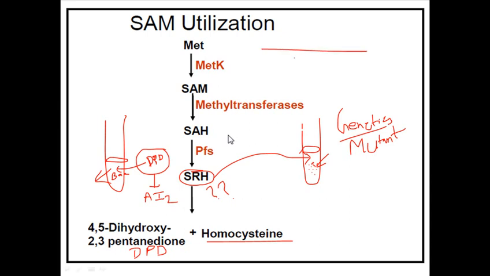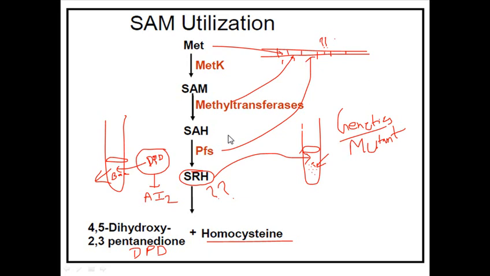Let me draw the gene sequence. Here we have the MED gene, here we have the transferase gene, here we have the PFS gene, and we also have another set of genes in the same lineage. We don't know what the gene is and what products it makes, but we know the previous genes and what products they make. So the scientists mutate this gene. They make a mutation.